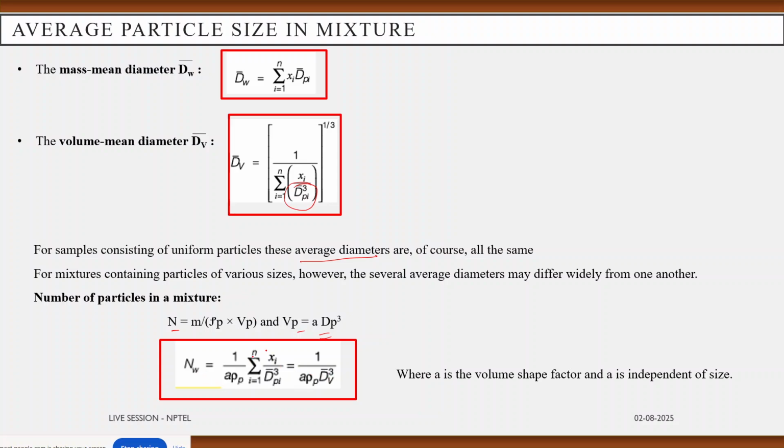So you can calculate an expression which represents the number of particles in a mixture, that is 1 upon A into rho, the density of the particle, and the volume mean diameter of the particles in the sample, where A represents the volume shape factor and A is independent of the size.